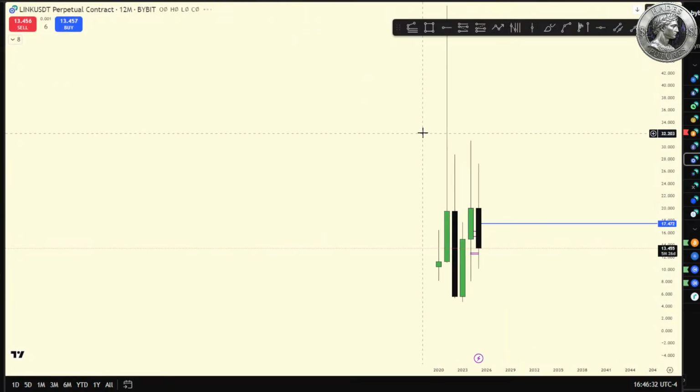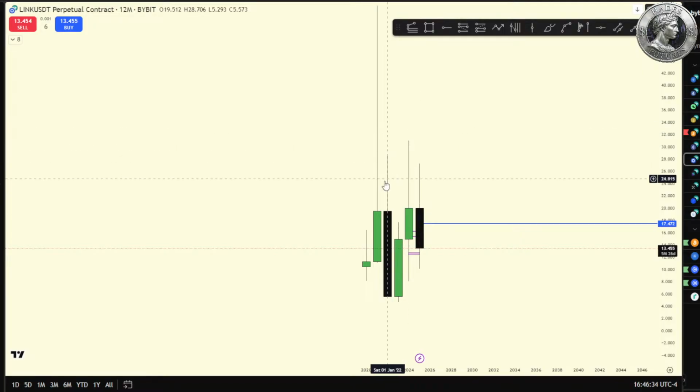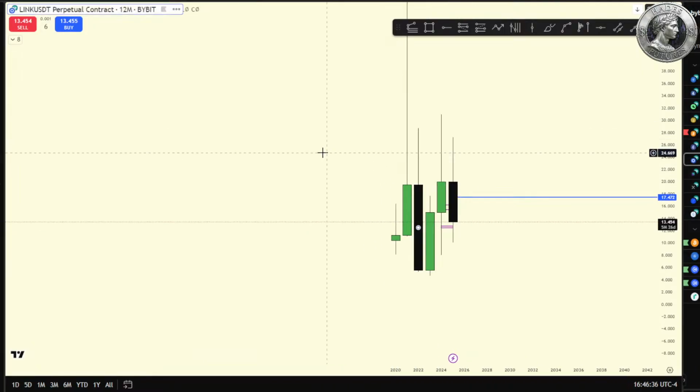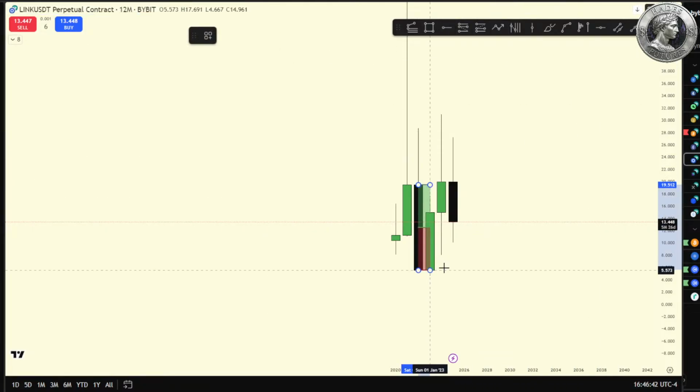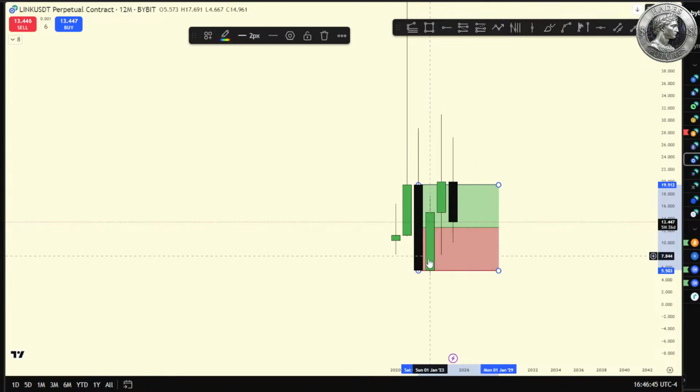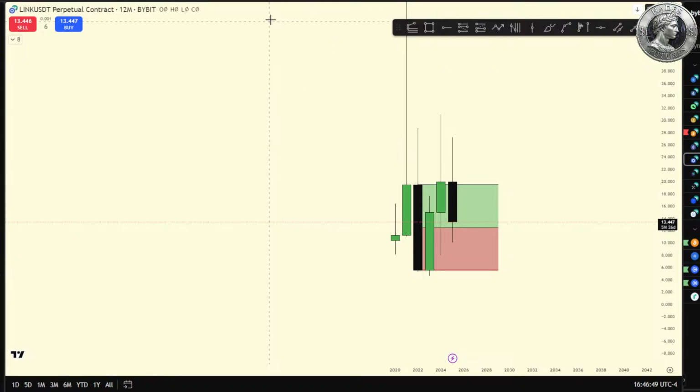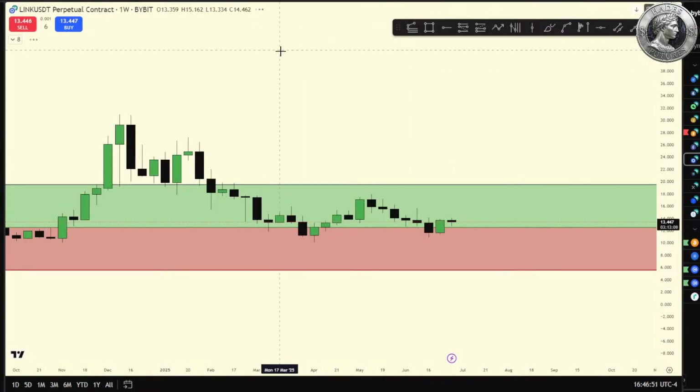Yeah, Chainlink, man, it's my favorite. It needs to go back to 35 minimum for me. Chainlink, what I see happening: it basically needs to hang up there.